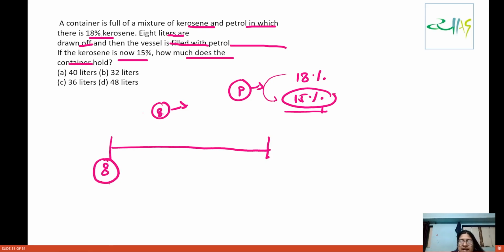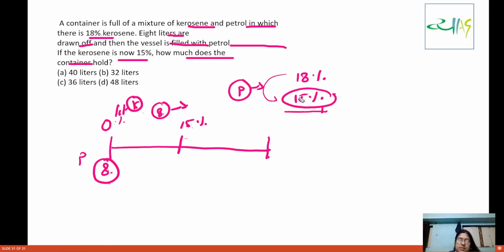When you have 8 liters of petrol here, you have 0 liters of kerosene, so 0% kerosene, and then the average is 15%.